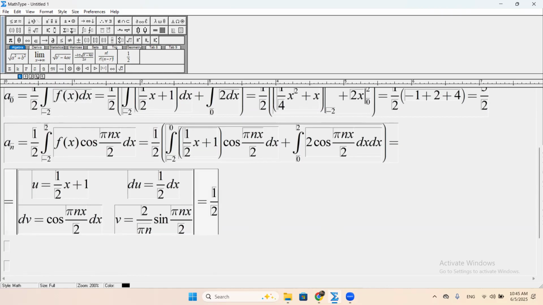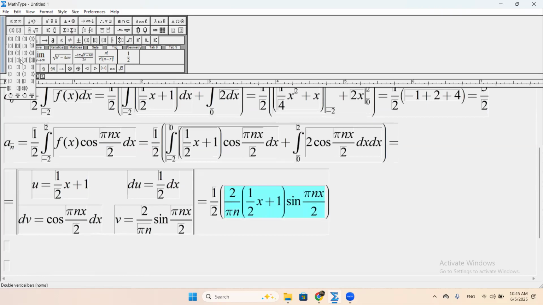So calculating integrals, 1 over 2, and first of all, multiplying u and v. Okay, this part done, from minus 2 to 0.